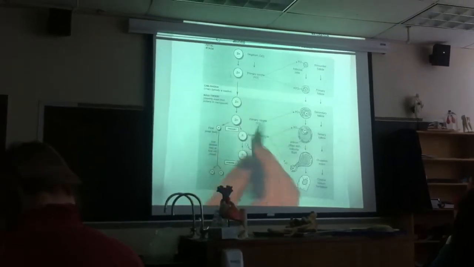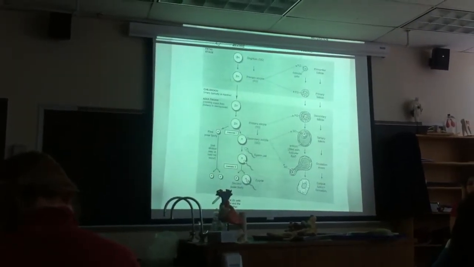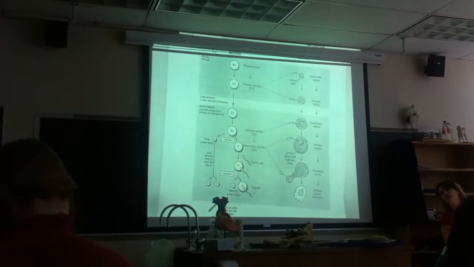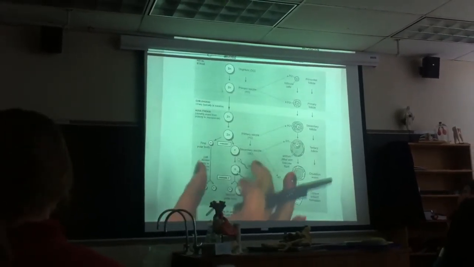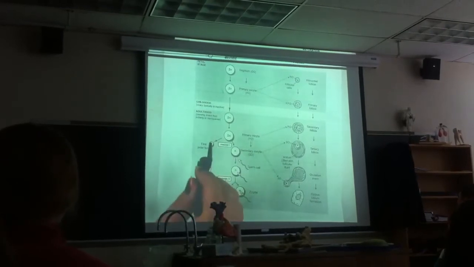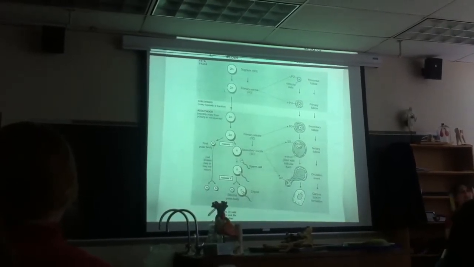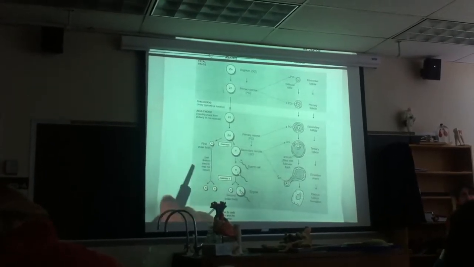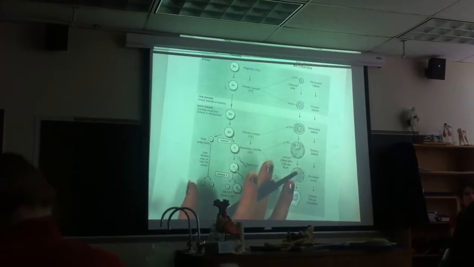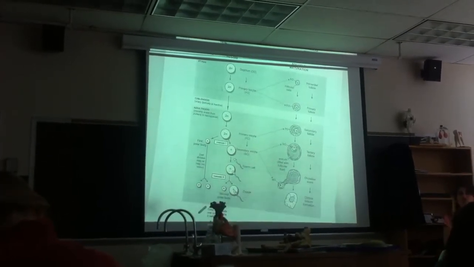Then it undergoes the first round of meiosis. And this is where we start to see that quality over quantity. So after this division of meiosis 1, you end up with a secondary oocyte, okay, and this little thing called a first polar body. So this secondary oocyte that's resulting from meiosis 1 is the chosen one.